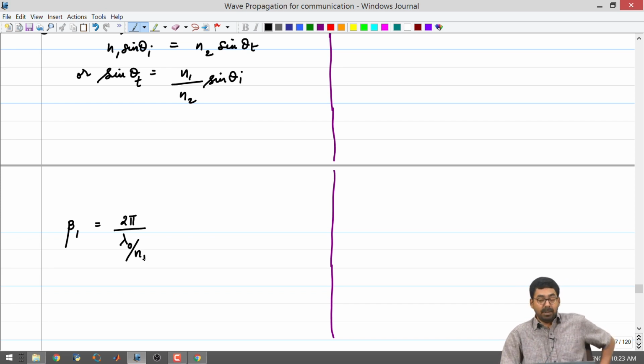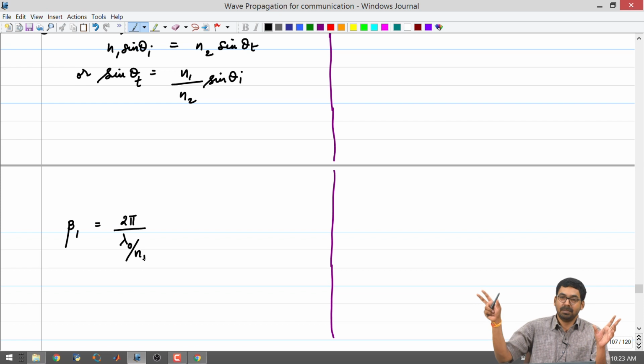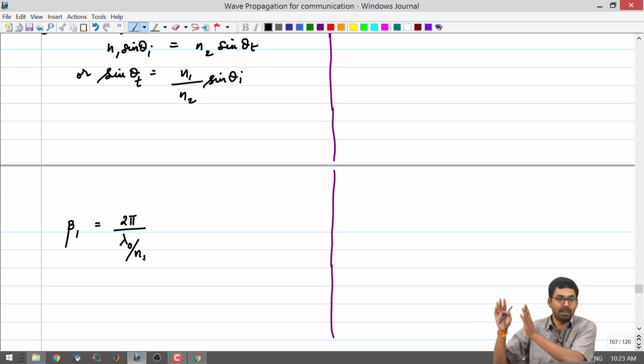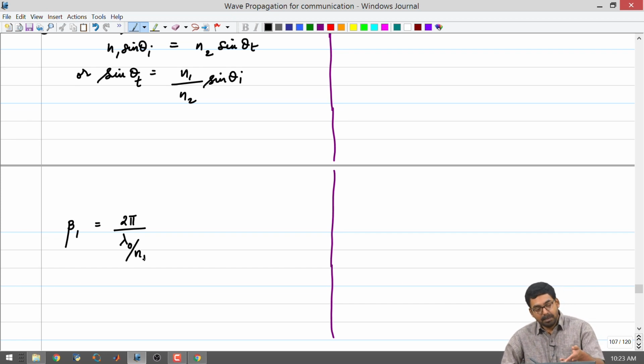Remember that when the wave travels into a denser medium than vacuum, the wavelength will become smaller, similar to the case with transmission lines where we had LC on one side to be small, LC on the other side was increased and the wavelength shrunk, the velocity also reduced in the simulations, right. So, similarly, the phase constant in a medium is written as 2 pi divided by lambda in that medium. So, it is lambda naught divided by n1.